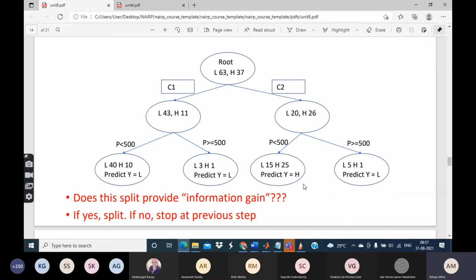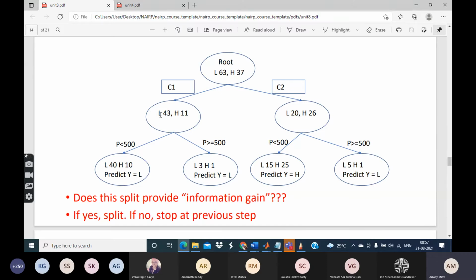So on what basis will I split these features? The initial data set is this. I explored the different features and saw which particular way of splitting gives me maximum information gain, and I split with respect to that. Now each of these subsets I can again split further on the basis of information gain only.